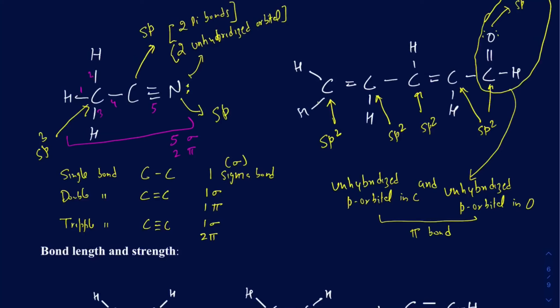So before we move on to the next topic, I do want you guys to do the hybridization of carbon in CO2. So remember, CO2 has a double bond on both sides of the carbon with the oxygen. What's the hybridization going to be here? Remember, the easier way to look at it is how many electron domains you have.